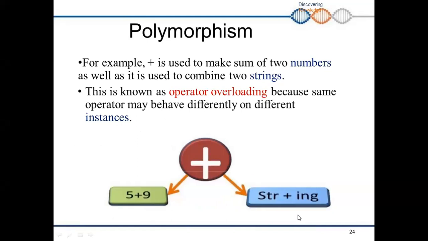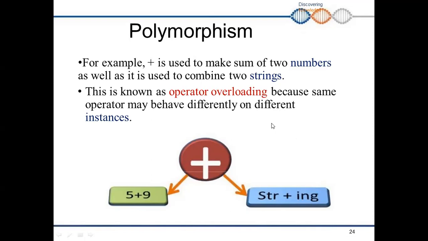There is another example of polymorphism. For example, we use the addition symbol. It is used to make the sum of two numbers, as well as to combine two strings.